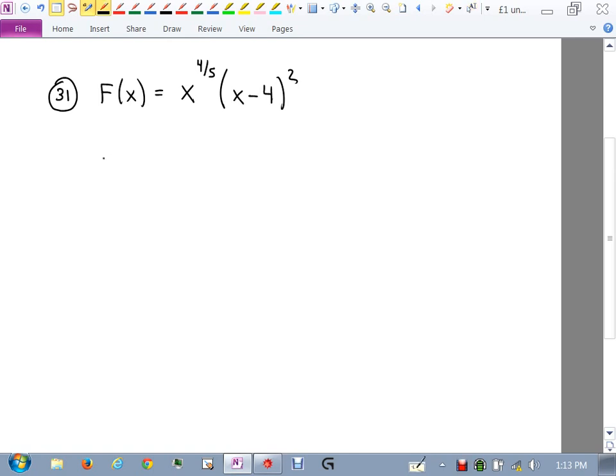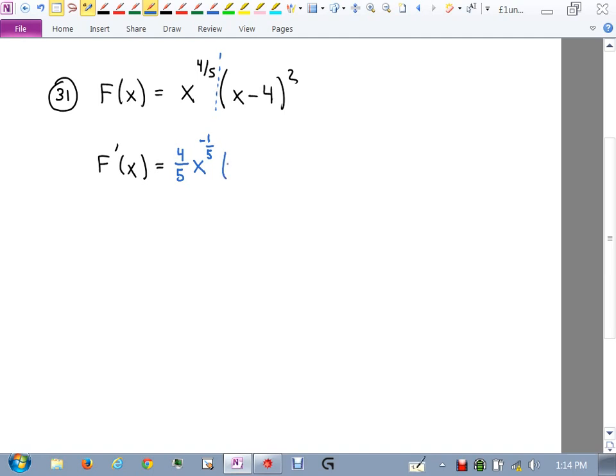So first, my derivative, capital F prime of x, is going to be some product rule, because I have a product between these two factors, and then this one is going to be a little chain rule, isn't it? All right, so product rule says I take the derivative of this first one, which is a power rule. So derivative of the first one is 4/5 x to the -1/5.